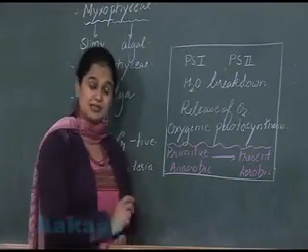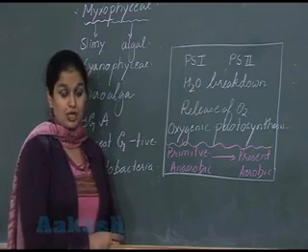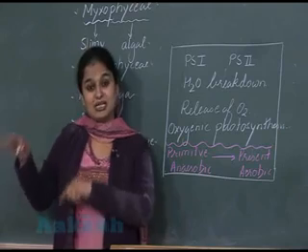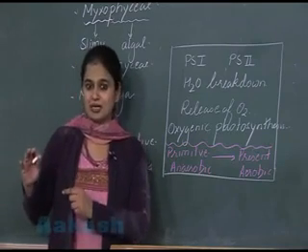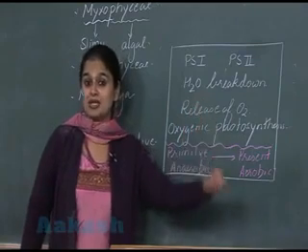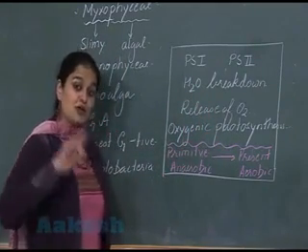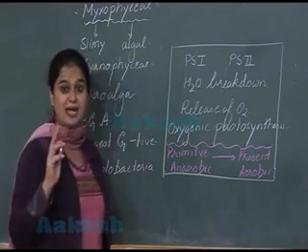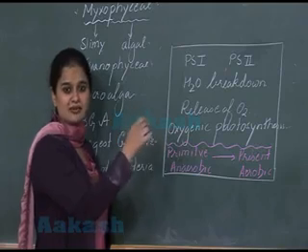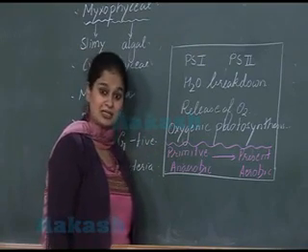This is the only bacterial group which performs oxygenic photosynthesis. So the oxygen which was added to the environment for the first time was added due to the oxygenic photosynthesis activity of cyanobacteria.